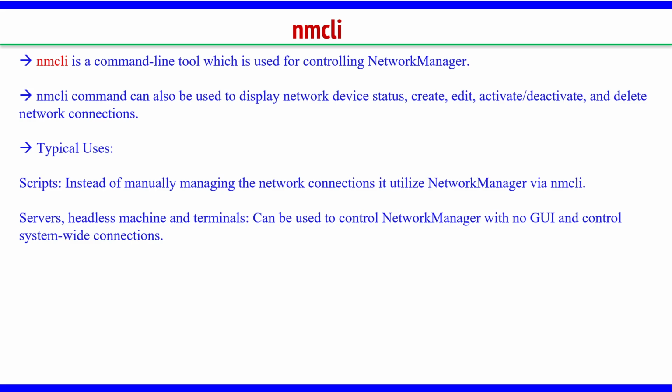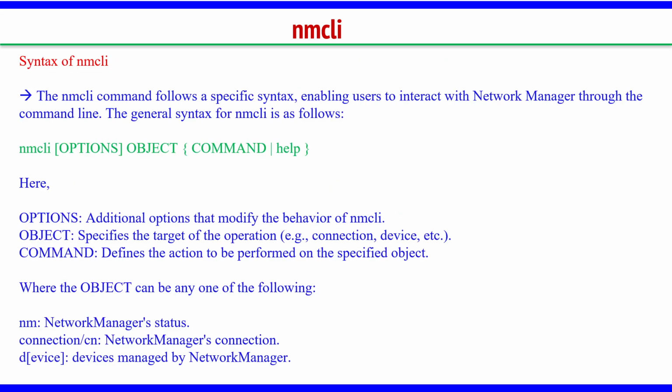Basically, nmcli takes care of network connections, like when you are connected to LAN or Wi-Fi. If I want to create, edit, activate or deactivate, I can use the nmcli command for everything. The syntax is nmcli, options, object, and command, with -help. We will understand more about this when we see the practical part.